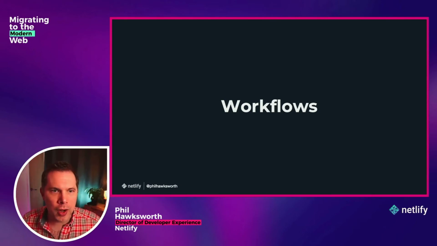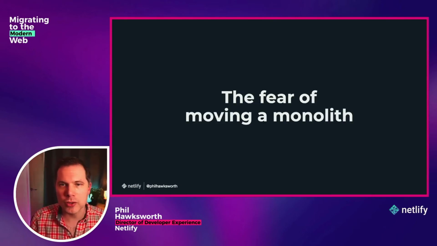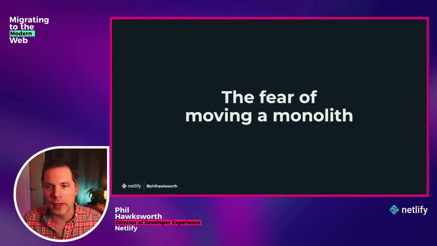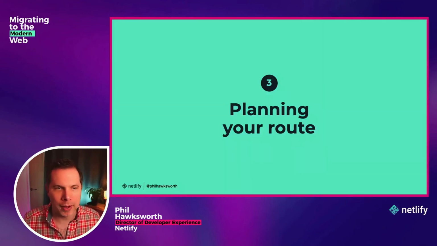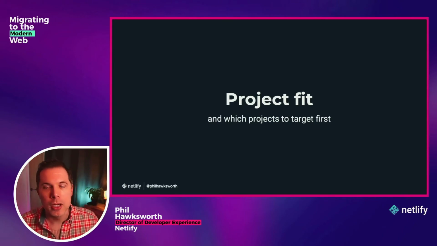With an eye on time, I'm going to keep moving along because I want to talk now about the fear of moving a monolith. We may have built up a huge set of infrastructure, and the idea of moving it is difficult, so we need to understand how we might plan our route. I'll call out a couple of things that we'll hear people elaborate on further down the road today. One of the key things we need to do is understand the project fit.